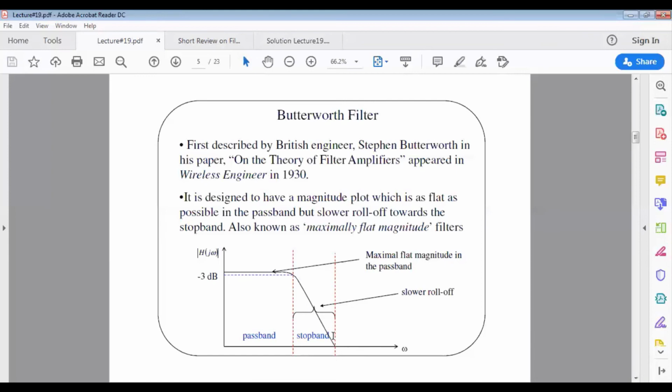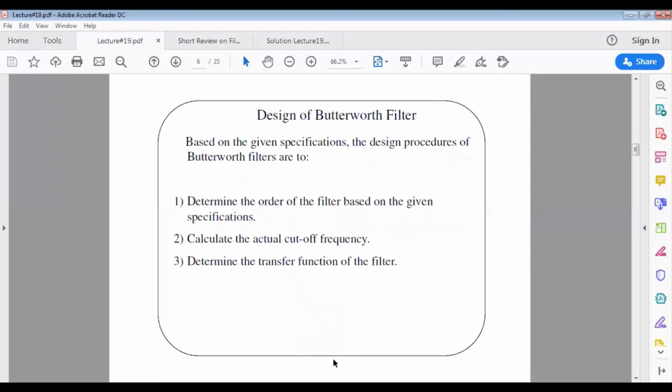So in terms of selecting the frequency, you're going to have a problem. The advantage of this filter is a flat magnitude at the passband. The disadvantage is the slower roll off for the stop band. So that should be the advantage and disadvantage of the Butterworth filter. Right, we're going to proceed now straight away to the design techniques of the Butterworth filter.